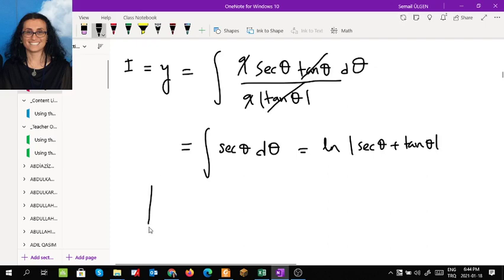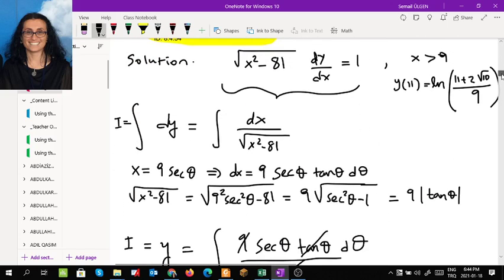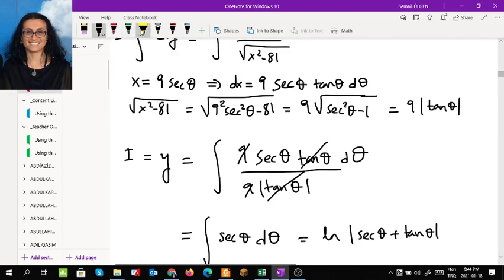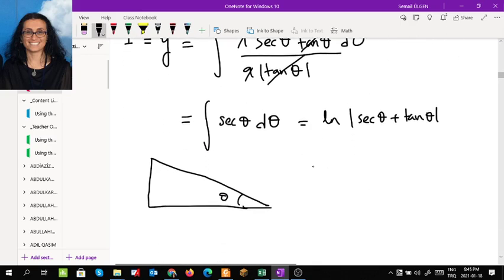Okay, this is it, so this is our y. However, we have to write y in terms of x. So let's go back to the original substitution. This is our substitution, yeah? x is equal to 9 secant theta.